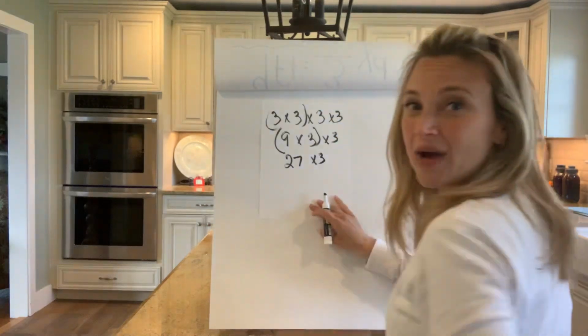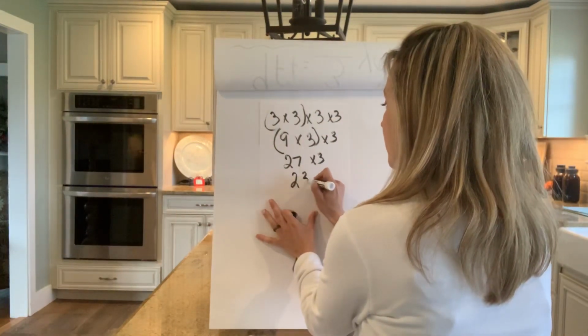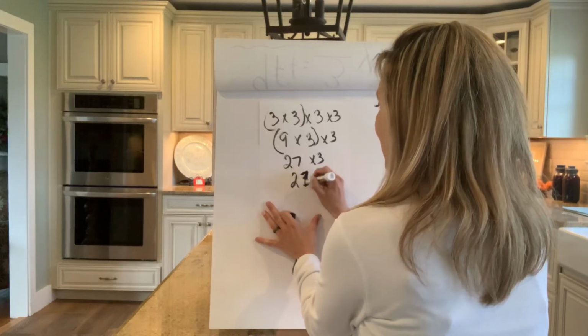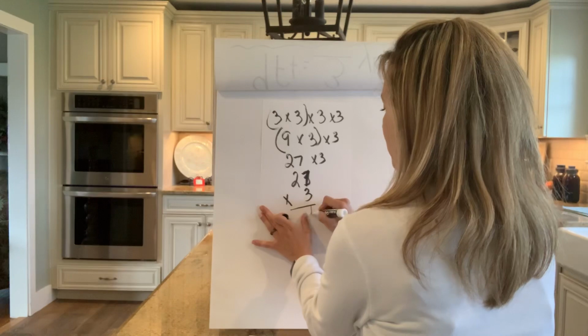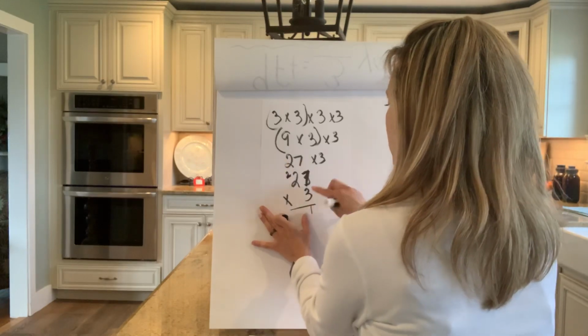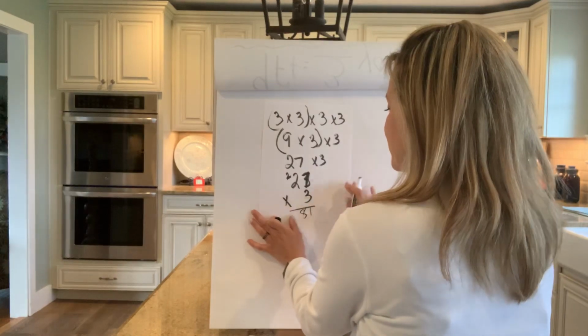And then when we do our 27, we want to make sure that we write it vertically, and that we do it out the correct way. 3 times 7 is 21. 3 times 2 is 6, plus 2 is going to give me 8.